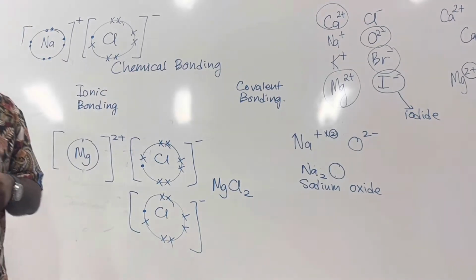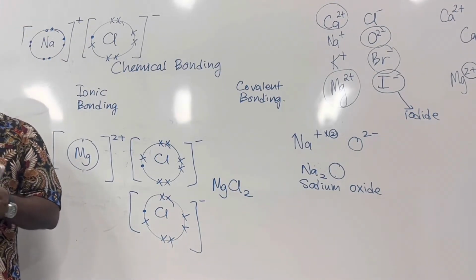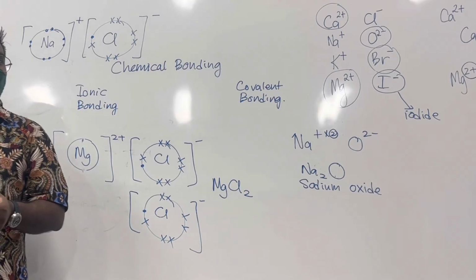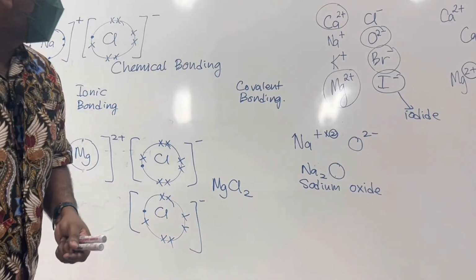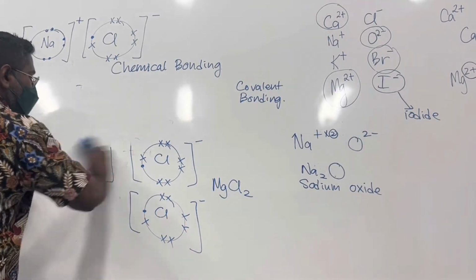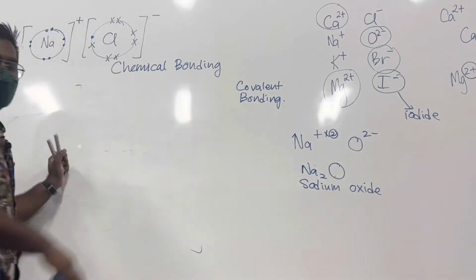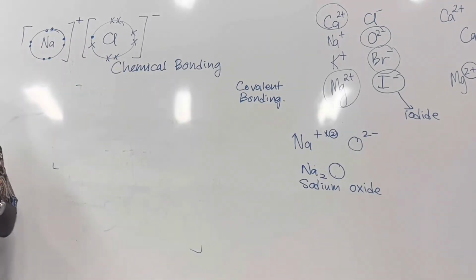But remember last week I told you to memorize something more complicated, which is the following ions. These cannot be obtained from your periodic table, so you have to memorize.